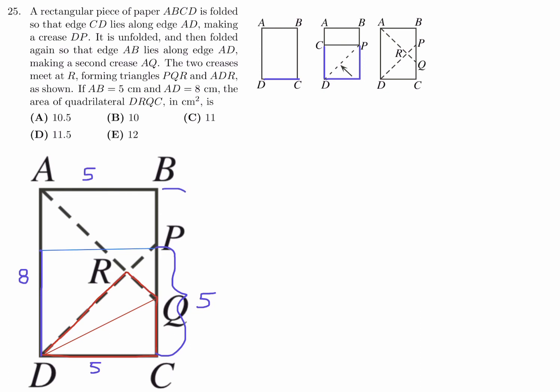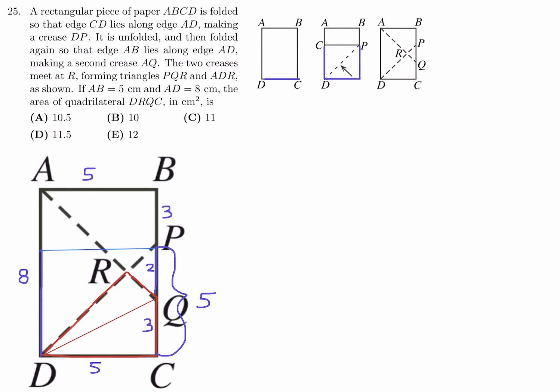From B to Q, it's also 5. Now that allows us to figure out the distance from B to P. If this whole distance is 8 and this distance is 5, then B to P is 3. And in a very similar way, Q to C is also 3. And therefore P to Q, that distance, is 2.